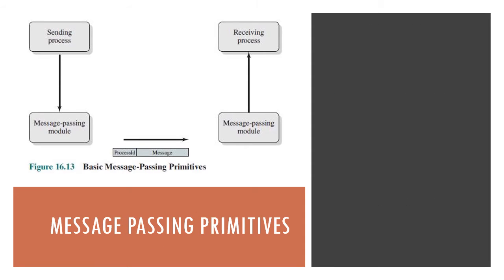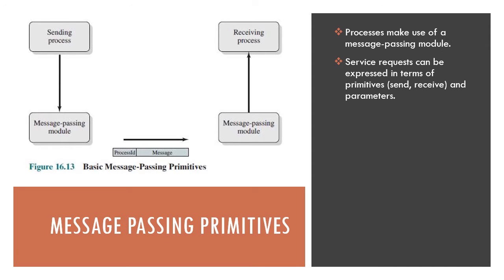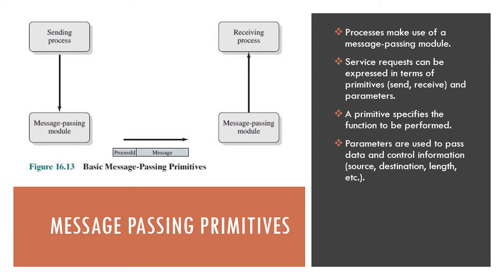Message passing primitives. Processes make use of a message passing module. Service requests can be expressed in terms of primitives, the send primitive and the receive primitive, and parameters. A primitive specifies the function to be performed.